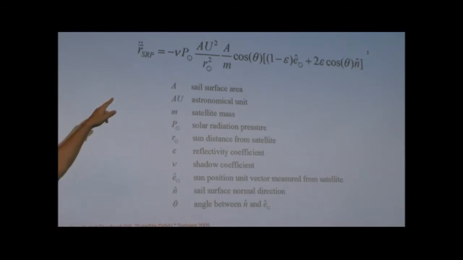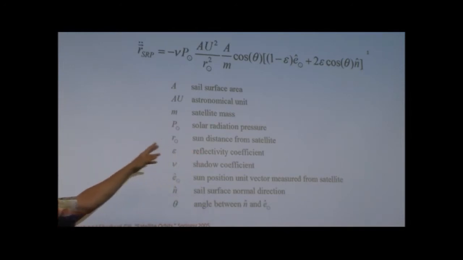This P is the solar radiation pressure, which we talked about already. And this next term is going to be the astronomical unit squared over the position of the satellite squared, the position relative to the sun. So that term is basically how we determine the relative solar radiation strength, depending on where the satellite is.